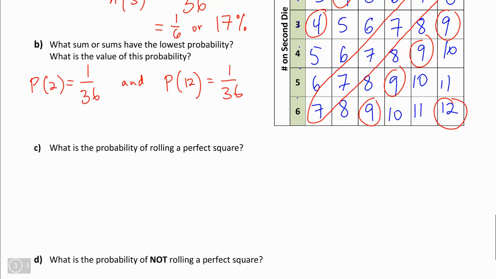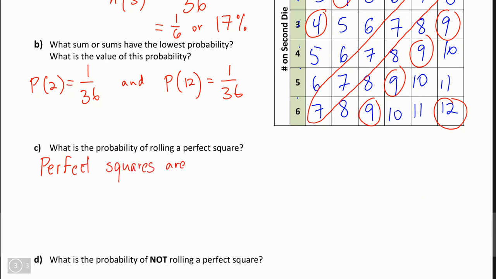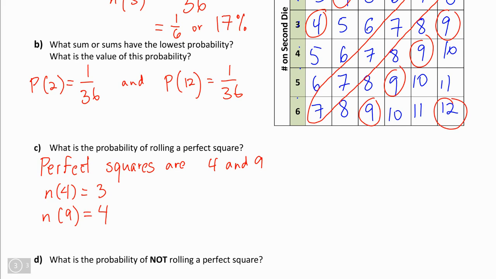So let's just do this here. Perfect squares are 4 and 9. The number of times you can get 4 is 3 times. The number of times you can roll a sum of 9 is 4 times. Just count the number of 4s on the table and count the number of 9s in the table. So the probability of getting a 4 or a 9, that's my event. The successful outcomes are rolling a 4 or a 9.